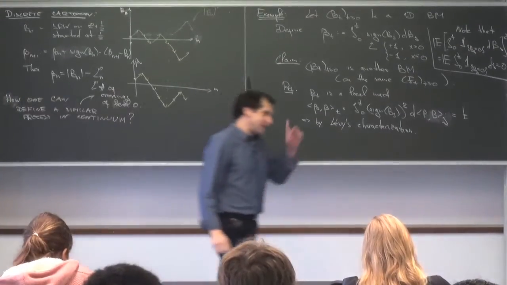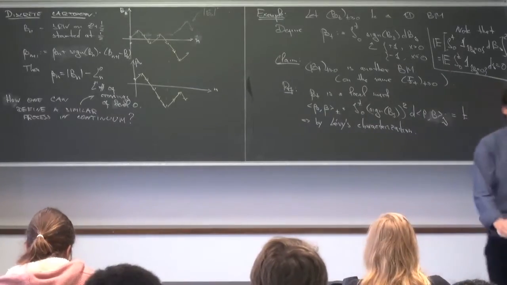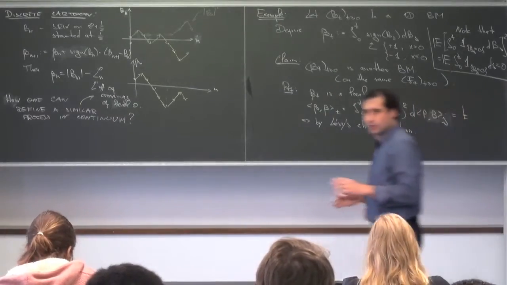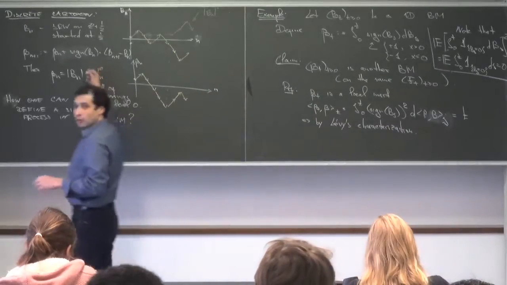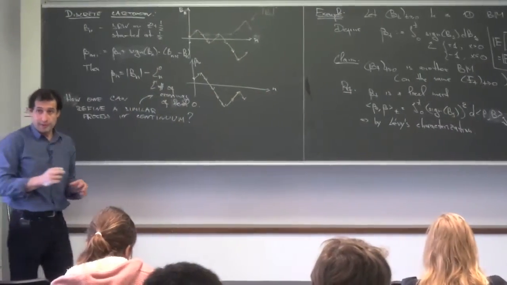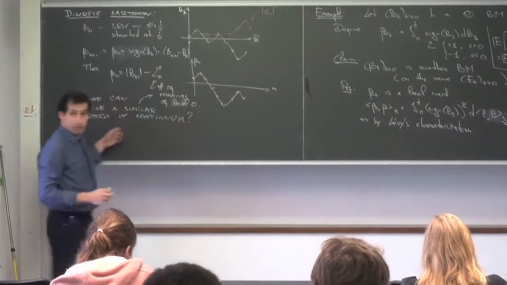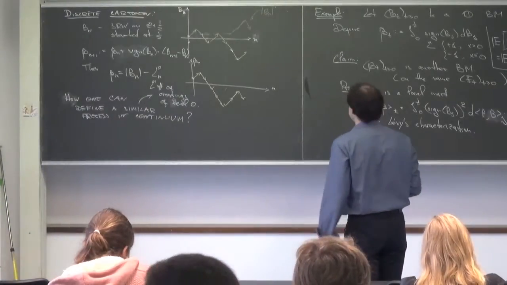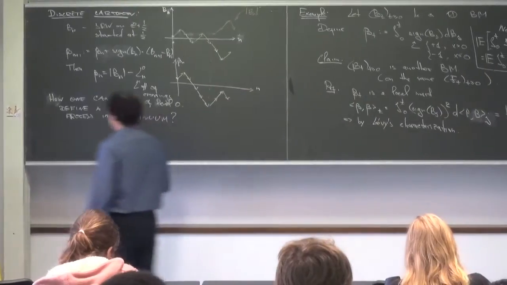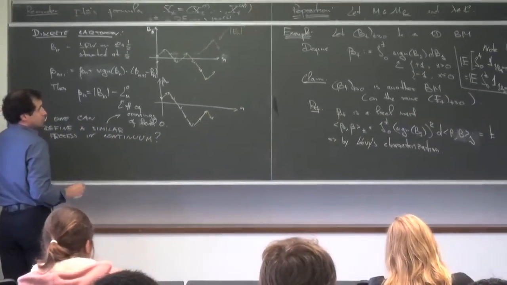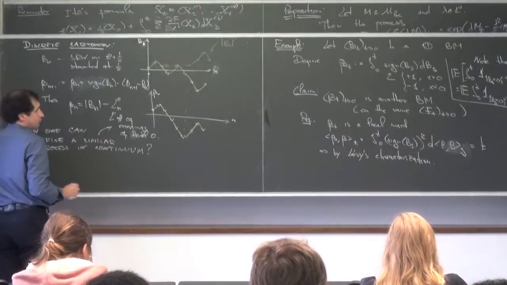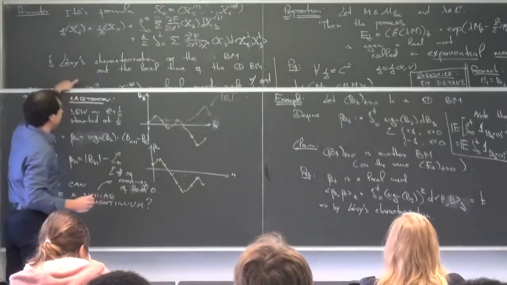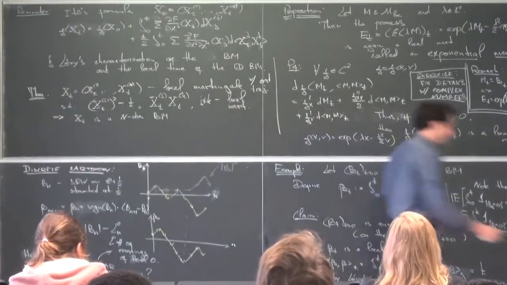Because remember, in that discussion I mentioned that we have a maximum process for the Brownian motion, and there is an analog of this, which is called the local time. And that's exactly what I'm going to define now. So, okay, need some space.